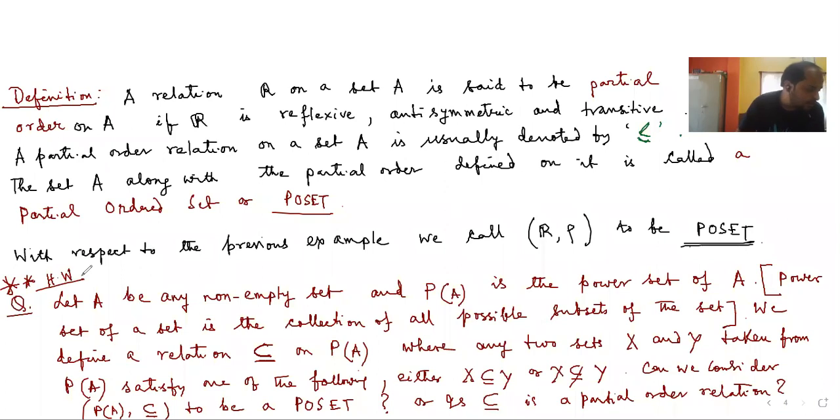Got it? So we have got 4 types of relations in this particular section. 2 relations were discussed in the last class. They were reflexive relations, symmetric relation, and transitive relation. And if a particular relation satisfies all these properties, reflexivity, symmetricity, transitivity, then the relation becomes an equivalence relation.